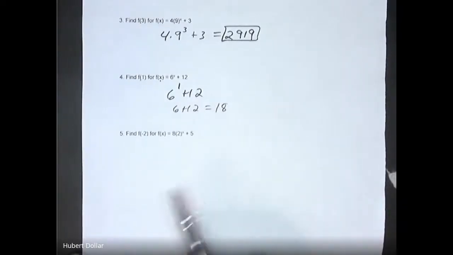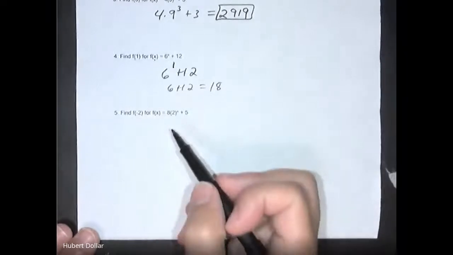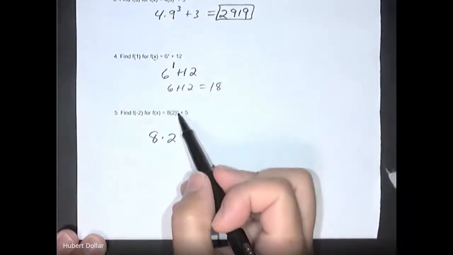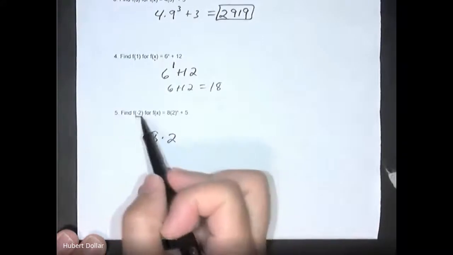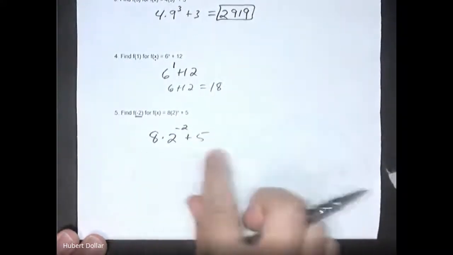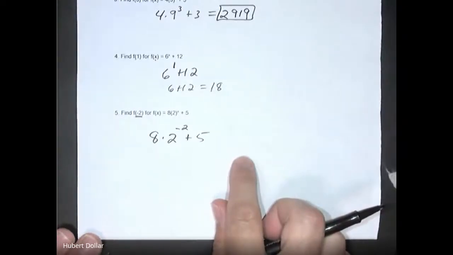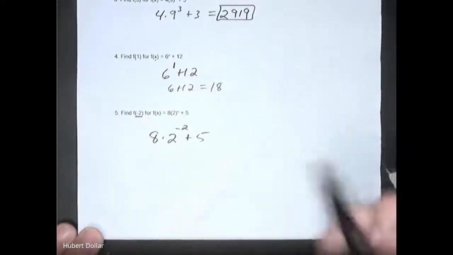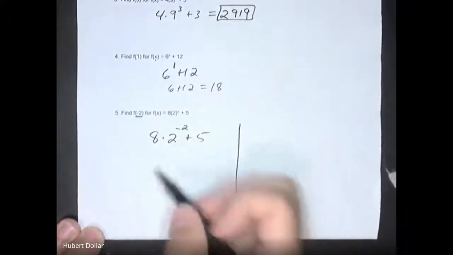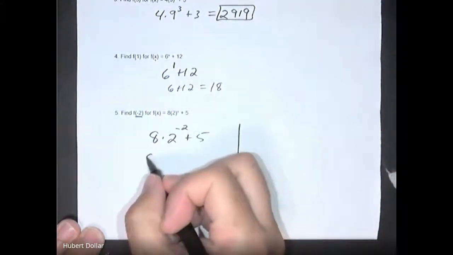Now, the last one, you have 8 times 2. In place of that x right there, you will put the number -2 plus 5. Now, I'm going to put this into the calculator and also do it by hand so you will see how to do both. Order of operations, exponents come first.